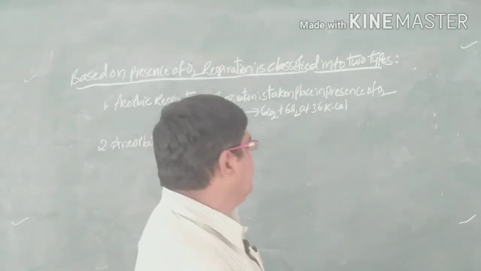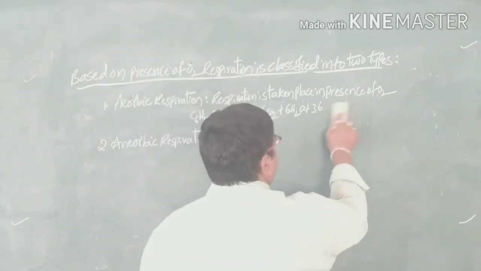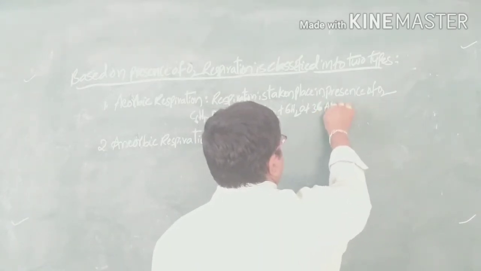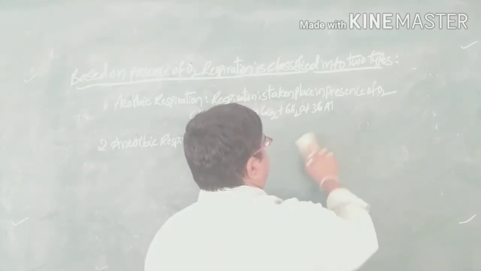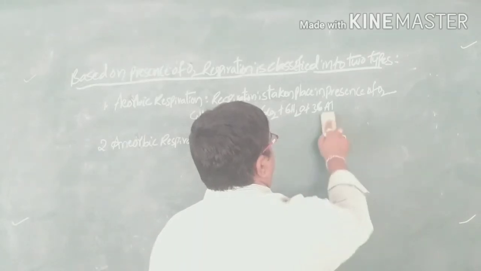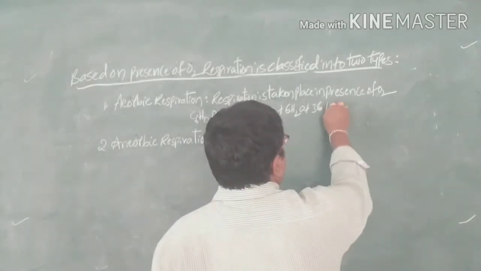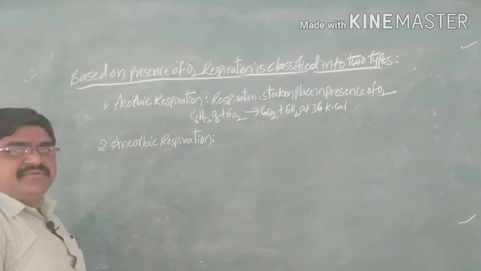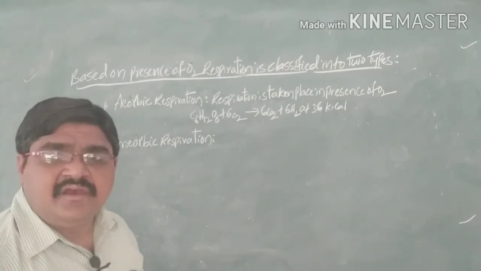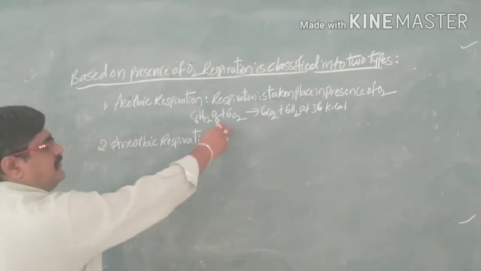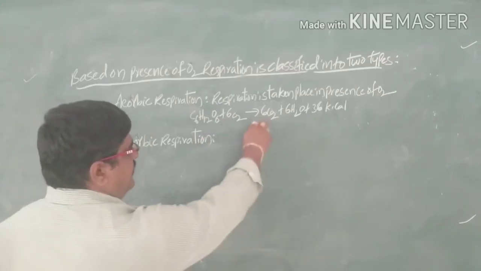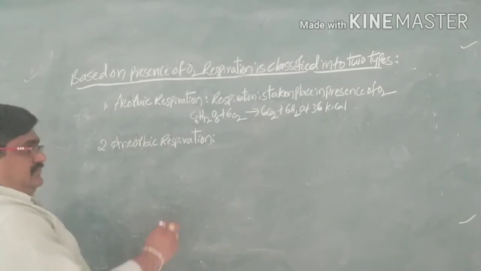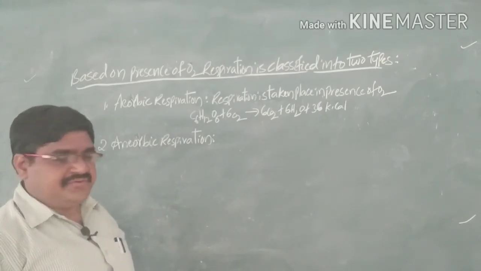We get 36 ATP molecules, or kilocalories, of energy when it takes place in the presence of oxygen. So we get carbon dioxide, water, and along with this 36 ATP molecules are produced.